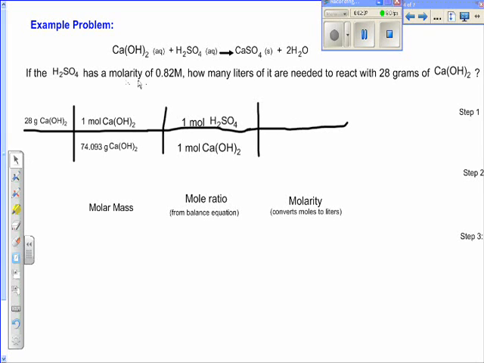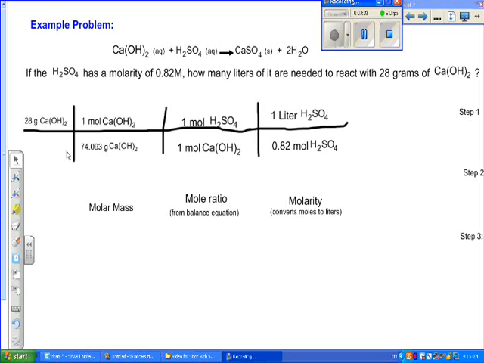And so because it's 0.82 molar, we know that there's 0.82 moles of sulfuric acid in 1 liter of that sulfuric acid. So if we check, we're going from grams of calcium hydroxide to liters of sulfuric acid, which is the unit that we want.